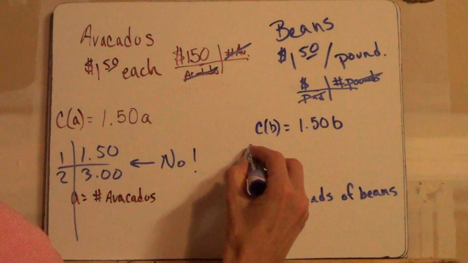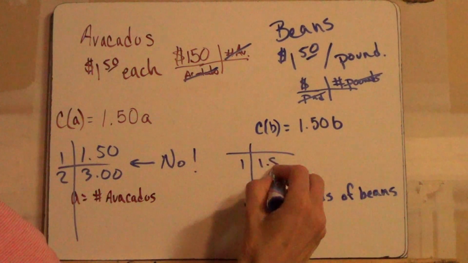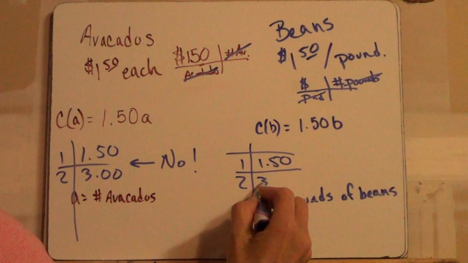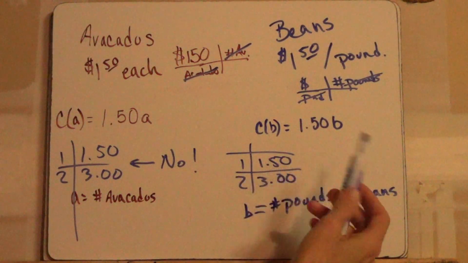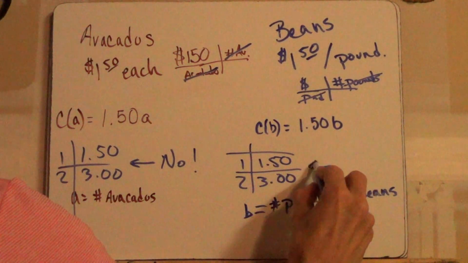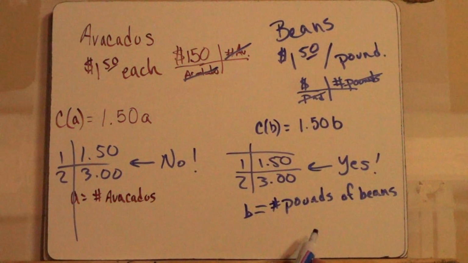Over here on the beans, if you buy a pound of beans, it's going to cost $1.50. 2 pounds would be $3. Could you end up with a pound and a half and maybe $2 in between? Absolutely. That is continuous.